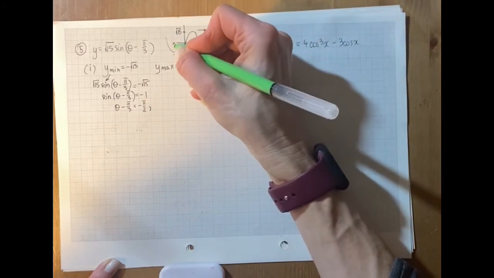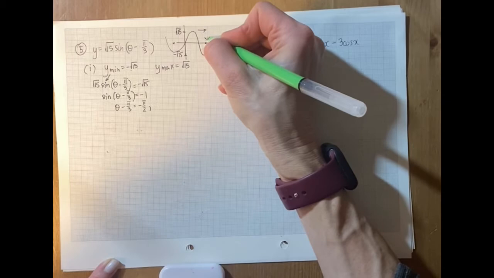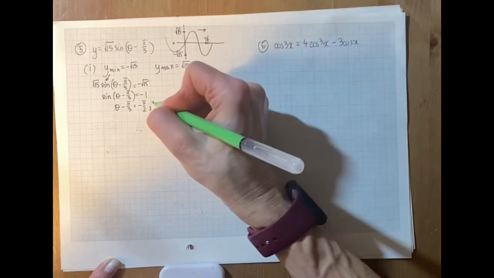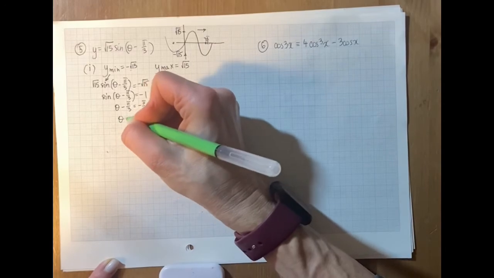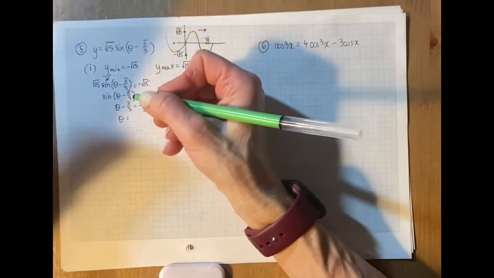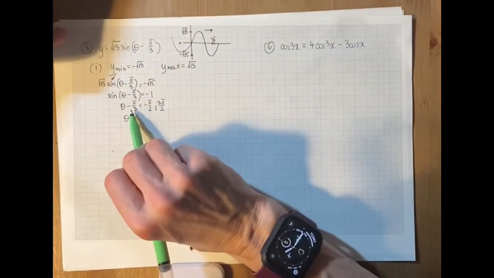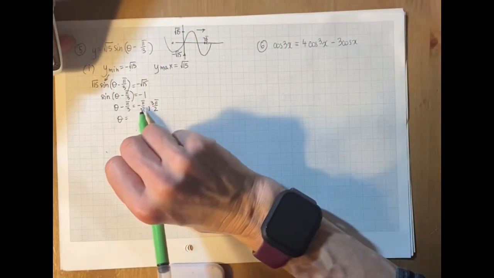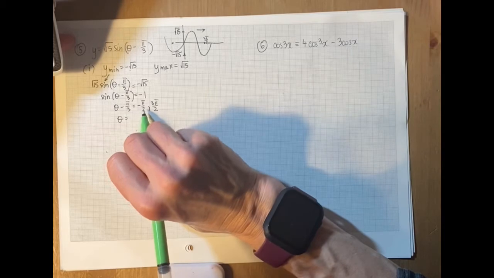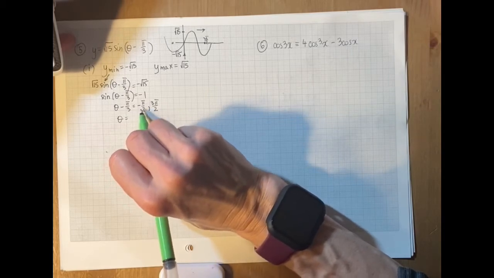But it also happens for 3 pi over 2. So I'm considering these two. So theta is going to be, and it's a good job I did, because minus pi over 3 is minus 60 degrees, and minus pi over 2 is equal to minus 90 degrees.